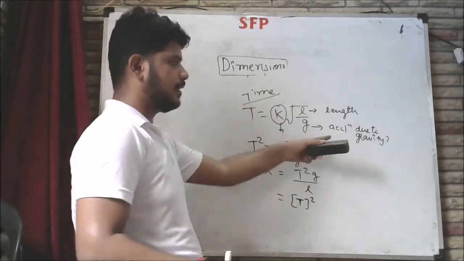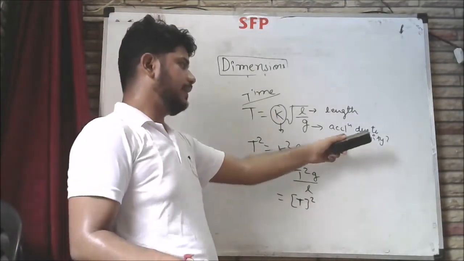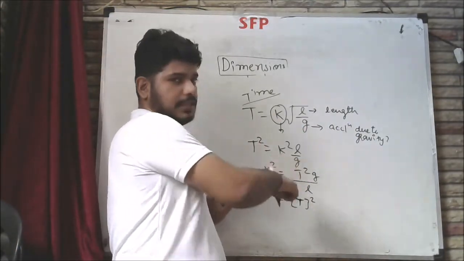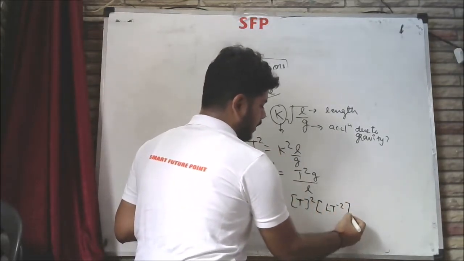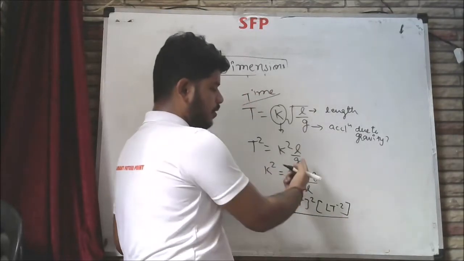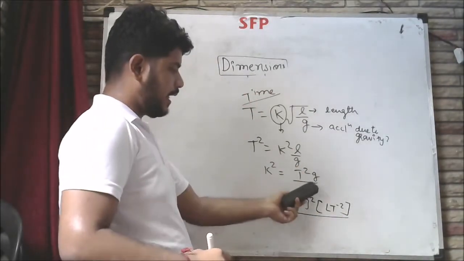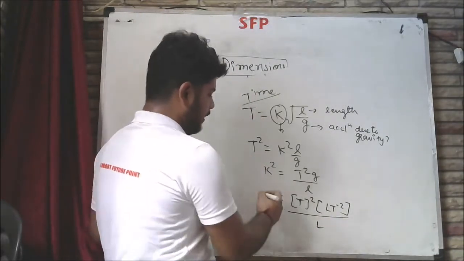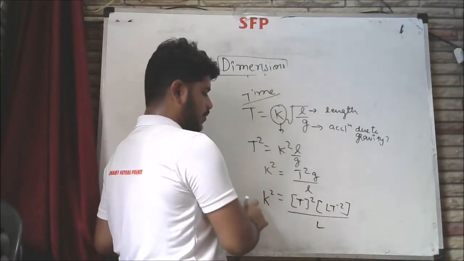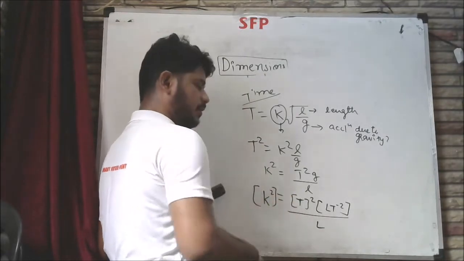G is acceleration due to gravity, so mainly it is acceleration. We have found acceleration in this class. It is nothing but LT minus 2. And this L has dimension of length, L. And this is the dimension for K square.